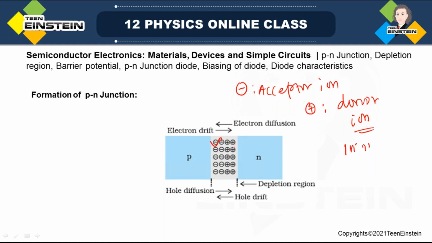Now you can understand that there is a p region, an n region, and in between there are space charges, with positive charge near the n side and negative charge near the p side.